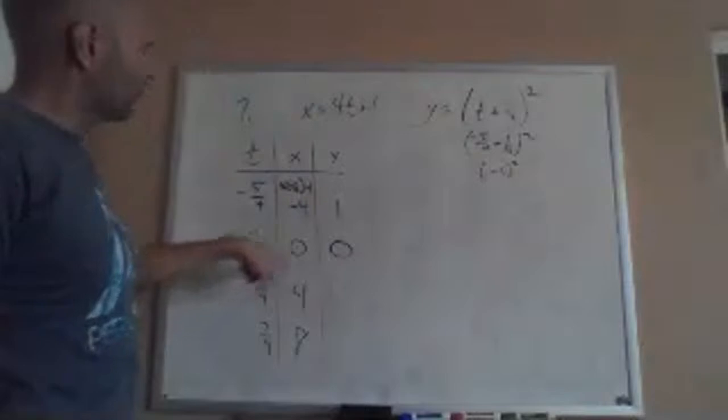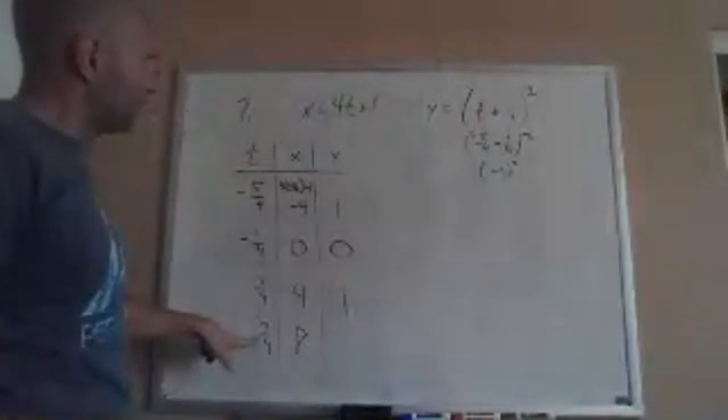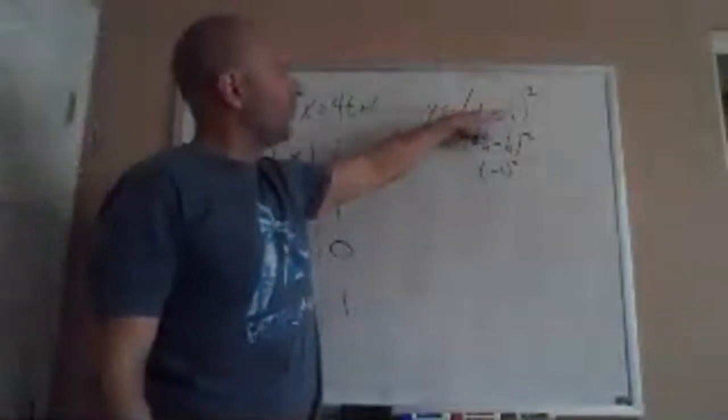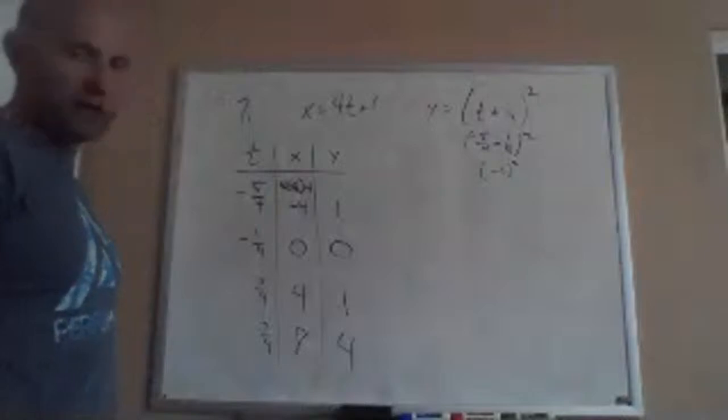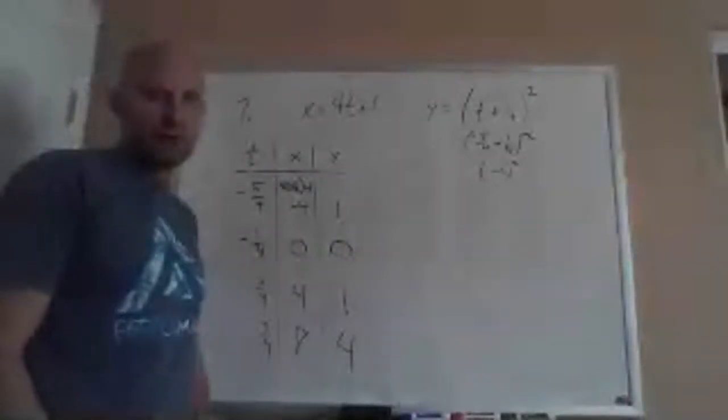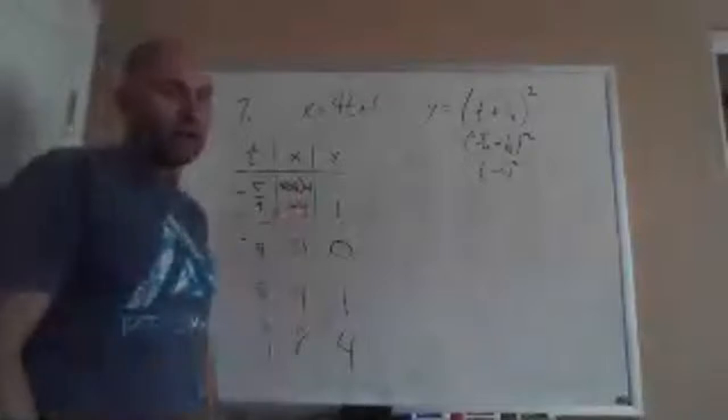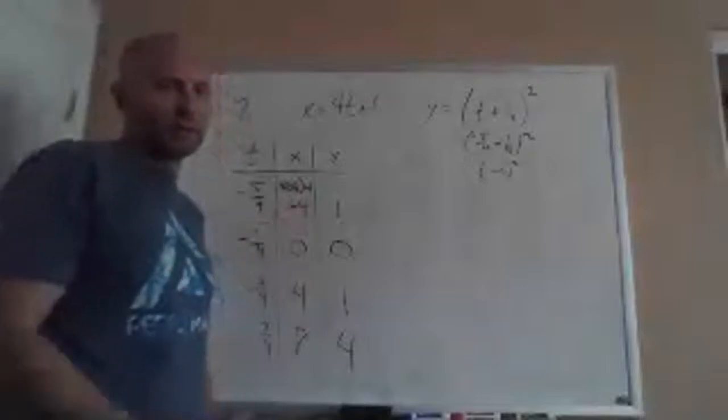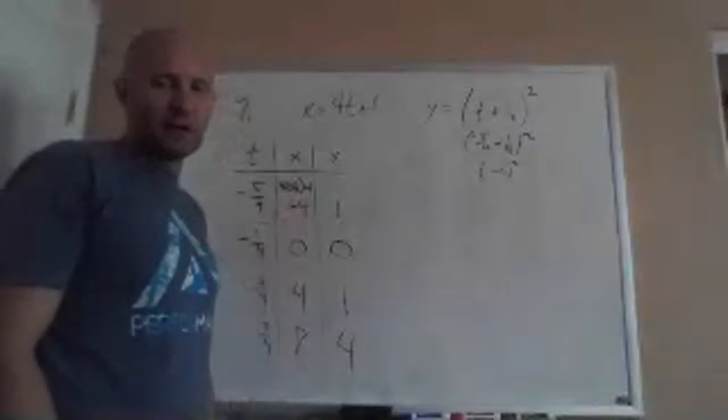Plug in 3/4. 3/4 plus 1/4 is 1. 1 squared is 1. 7/4. 7/4 plus 1/4 is 8/4. 8/4 is 2. 2 squared is 4. So these would be the values you get for your table. So any questions on that? These are the values I get just because of the value for t I picked. If you had other values for t, obviously you would get different numbers.